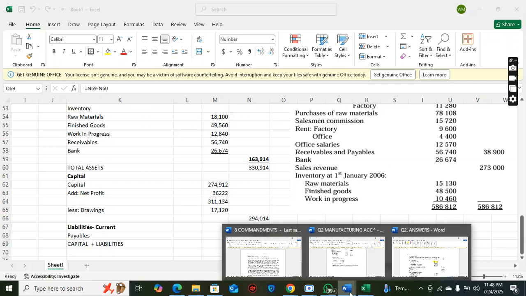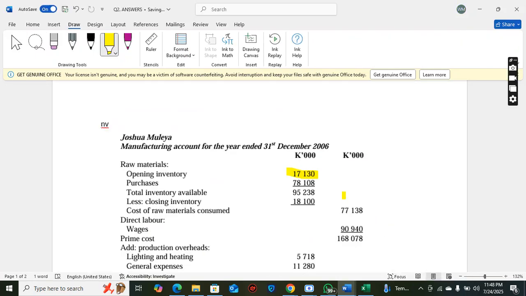In the solutions here it's 17,130, but in the trial balance it's written 15,130. So it should have been a typo error somewhere.